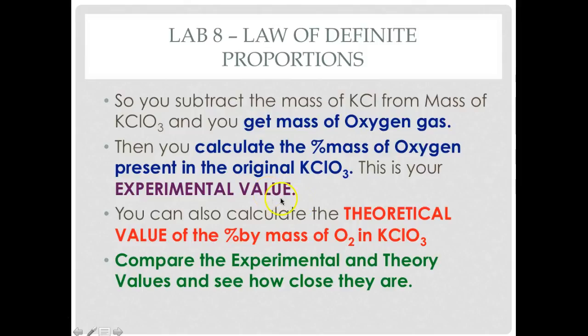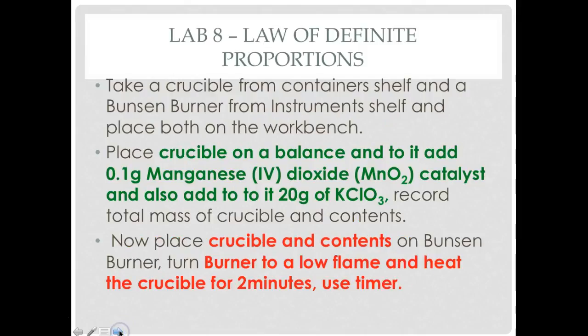You can also calculate by theory, since you know that in the formula there are 3 oxygens. Oxygen is 16, so 3 times 16, about 48 grams of the potassium chlorate is oxygen. So you can calculate the theoretical percentage by mass of oxygen in the potassium chlorate. Once you have the experimental and theoretical percentages, you can compare those two values to see how close you are and how successful your experiment was.